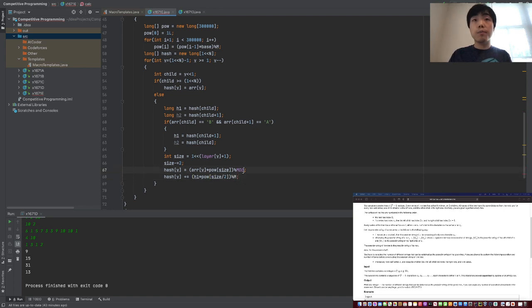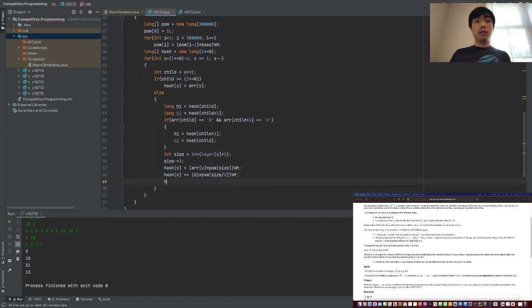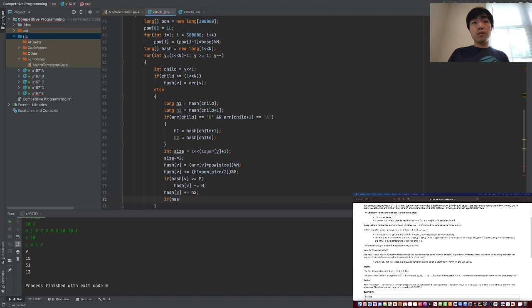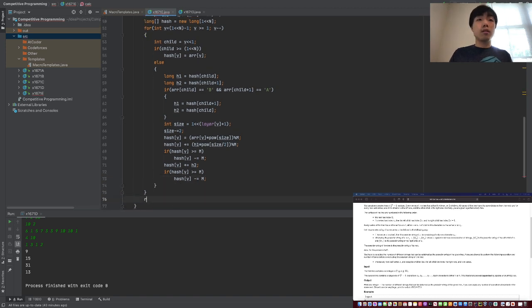Well, it's actually mod, I have to be careful with modding in here. Hash at v plus equal to h2, hash at v, and hash at v. Okay, so I've calculated all the hashes.